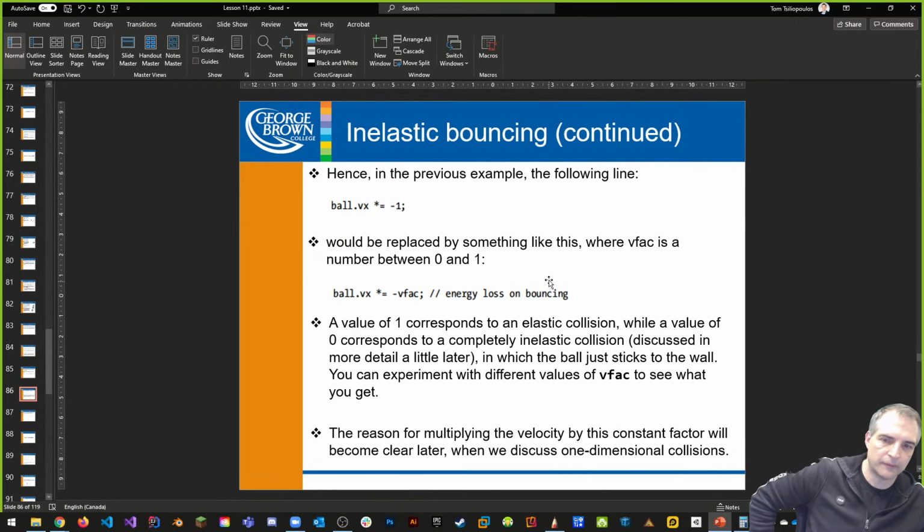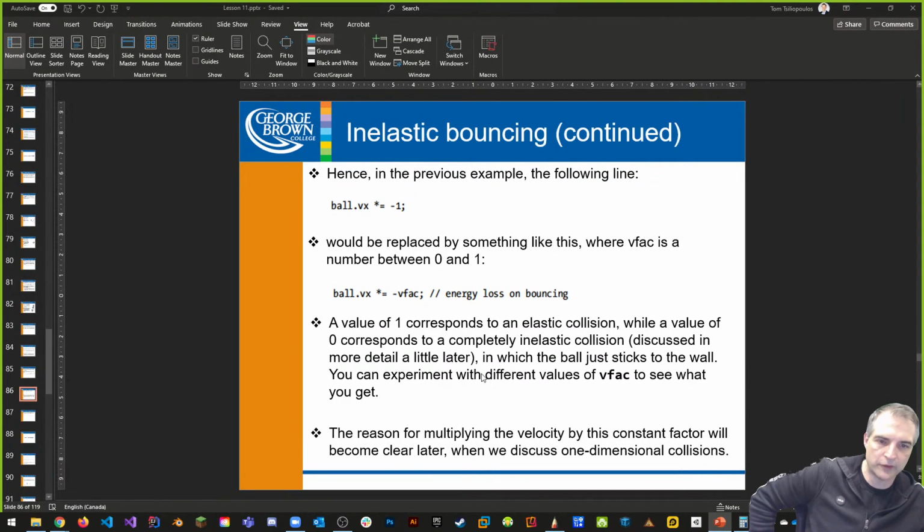So how do you do that? You can take the ball across the x-axis and move it and multiply it by some kind of factor of energy loss. It's a normalized value between 0 and 1. The lower the value, the more energy loss it's going to have. The higher the value, the less energy loss it's going to have. This V factor, if you will.